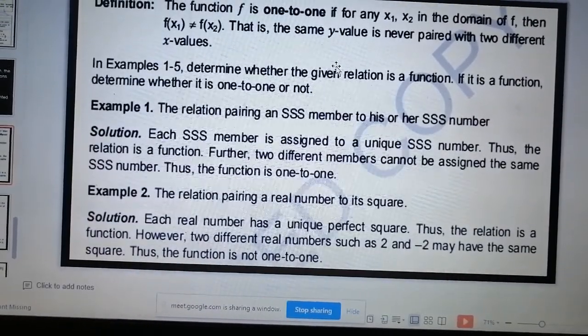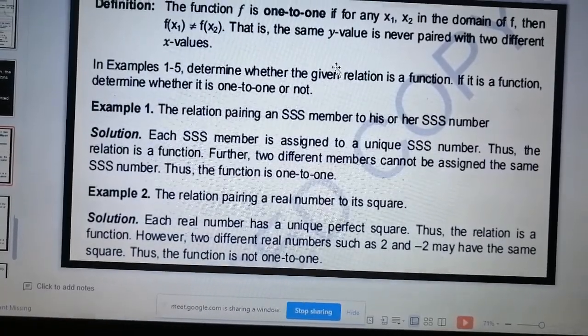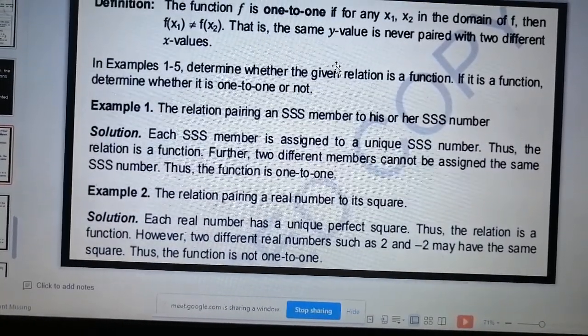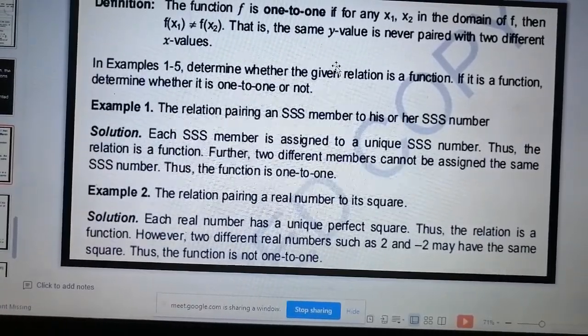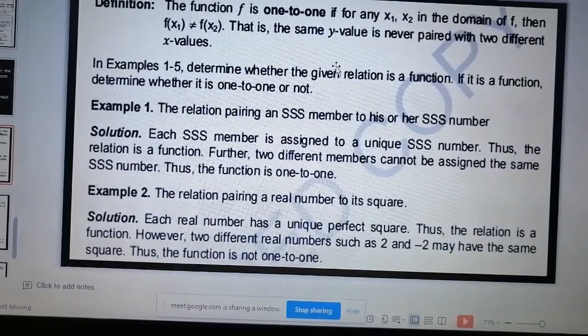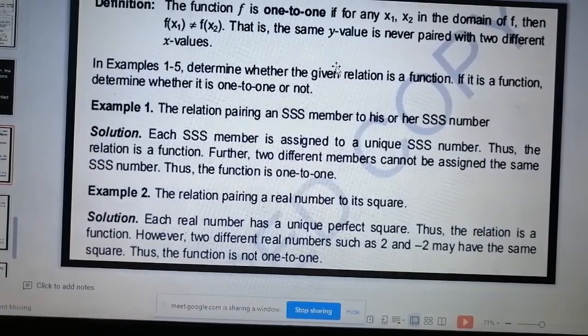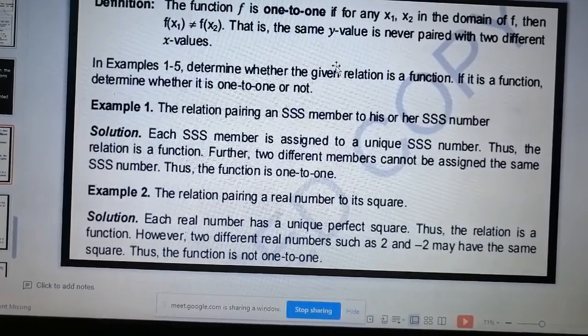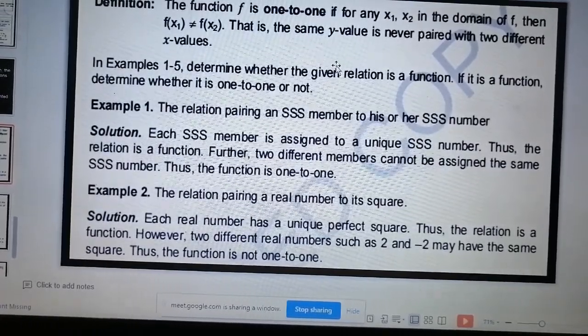Okay? Next tayo. Relation pairing a real number to its square. Each real number has a unique perfect square. Ang mga perfect square number, meron silang unique, may kanya-kanya silang sagot.